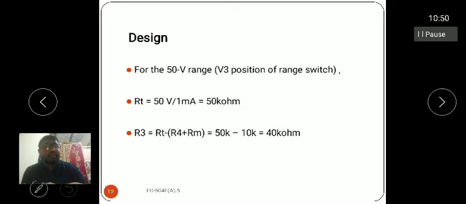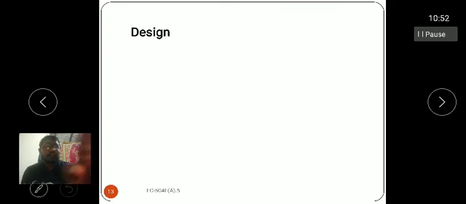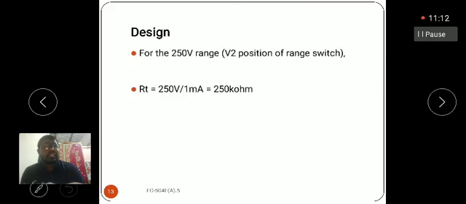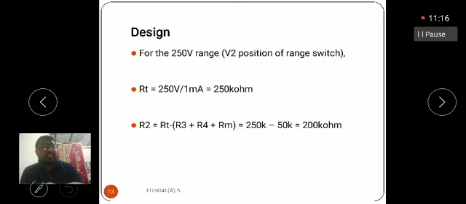For the 50 volt range with position V3, RT is equal to 50 volts by 1 milliamp, so RT is 50 kilo ohms. Then R3 is equal to RT minus (R4 plus Rm), 50K minus 10K, so we get 40 kilo ohms. One more design is for the 250 volt range, V2 position of the range switch.